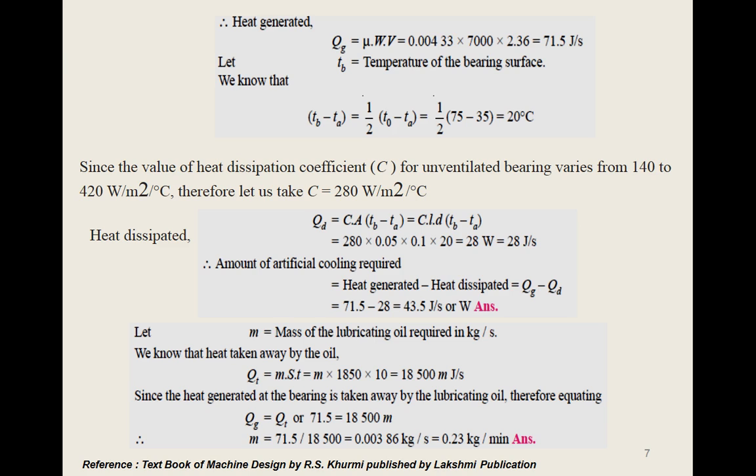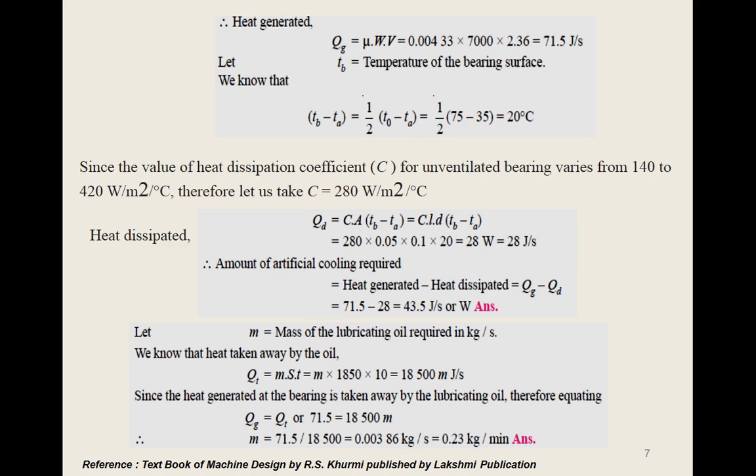Now the temperature of the bearing surface is calculated. Let Tb be the temperature of the bearing surface, and there is a formula to calculate it: Tb minus Ta is equal to 1 by 2 into T naught minus Ta. T naught is the 75 degree oil temperature minus the ambient room temperature of 35, which is equal to 20 degrees centigrade.